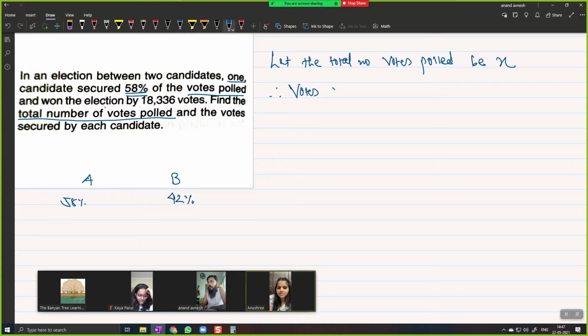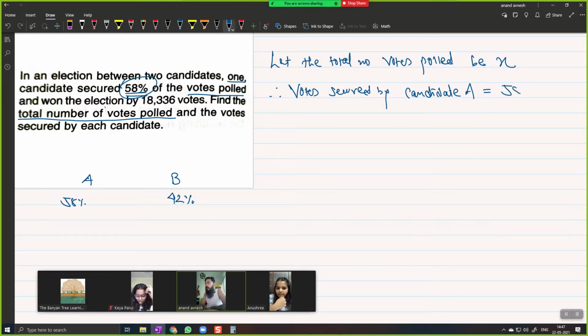Therefore votes secured by candidate A equals, candidate A को कितना votes मिला? 18,336. No, he won by those many votes, but he secured 58% of the votes.